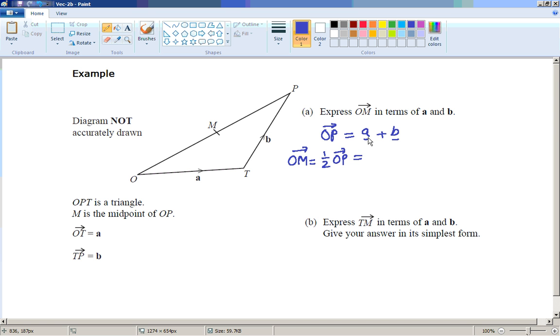So therefore it's half of A and it's half of B. Or we can write half as a common factor. Then in bracket you write vector A plus vector B.